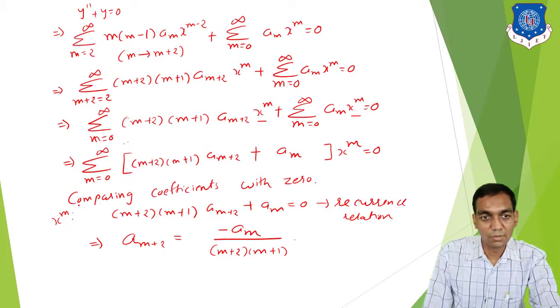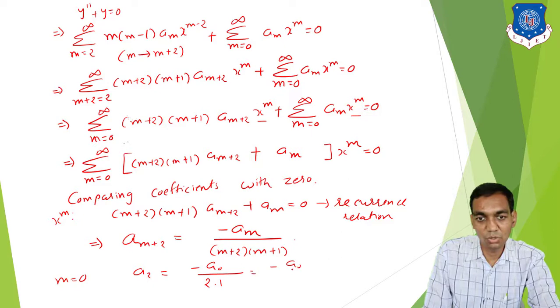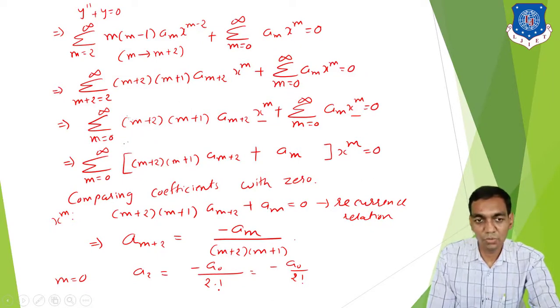So you have to start with m is equal to 0. First put m is equal to 0. So you will have a2 is equal to minus a0 upon 2 into 1. That means minus a0 upon 2 factorial. Here I have written it in the form of factorial because it is going to be in the form of factorial. Otherwise it is not necessary. You can write down only 2.